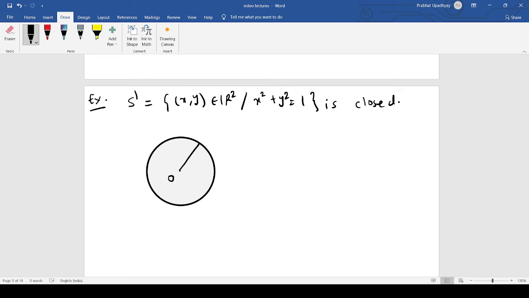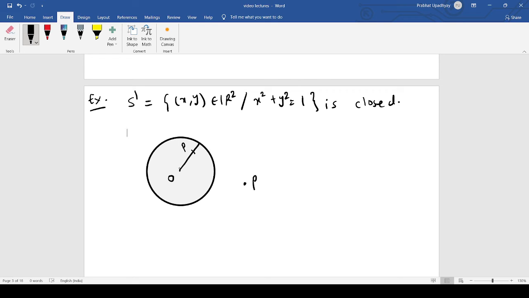Now if I say a point belongs to the complement of this unit circle, there are two possibilities. Either your point P lies outside of this circle, or there is a possibility that your point P lies inside this circle. So consider the first case where your P lies inside the circle.